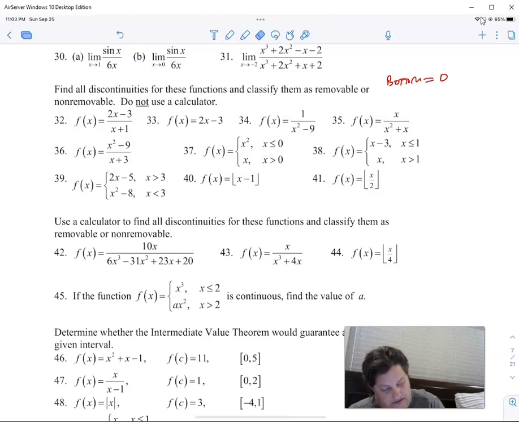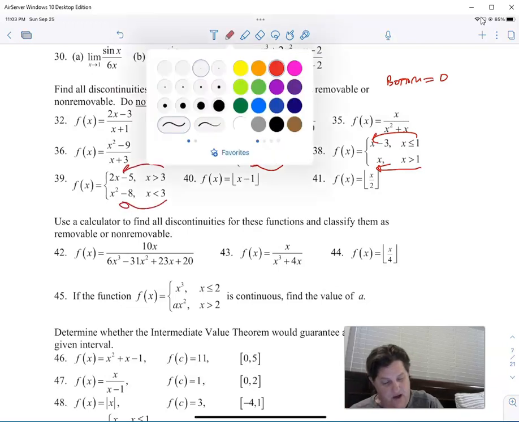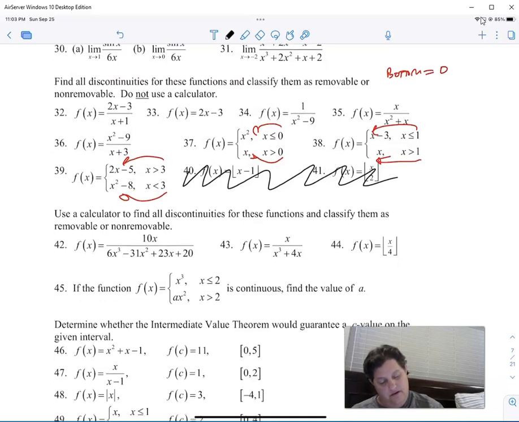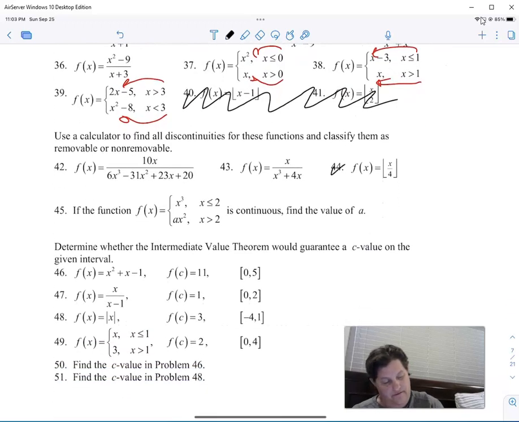Here, the way you check if it's continuous or not, plug that in, see what you get. Plug that in, see what you get. If it's the same, it's continuous. If it's not the same, it's not. Feel free to skip 40 and 44. Too much with the step functions, for goodness sakes. We'll do those together.